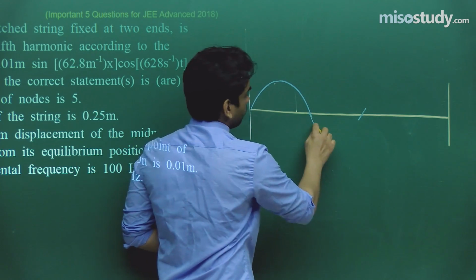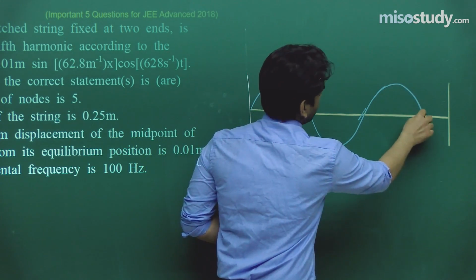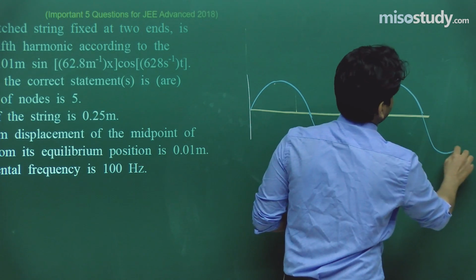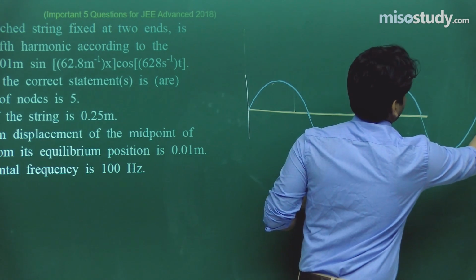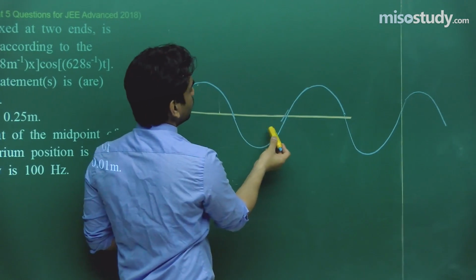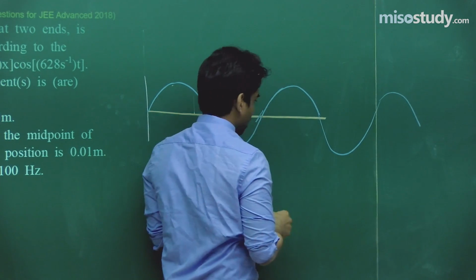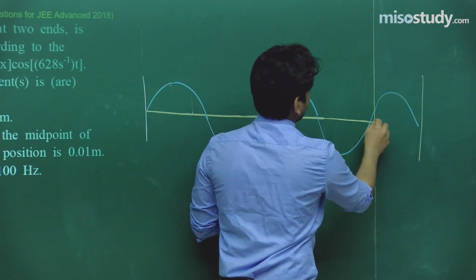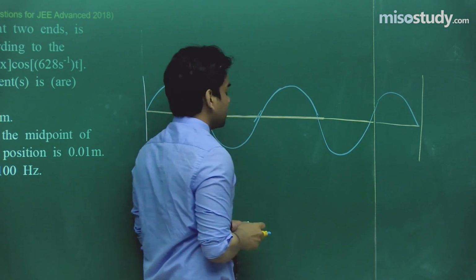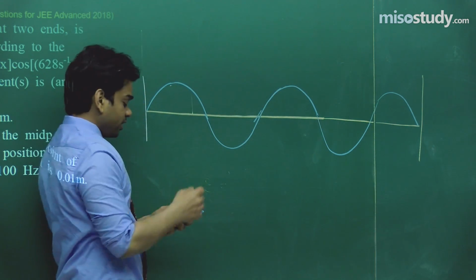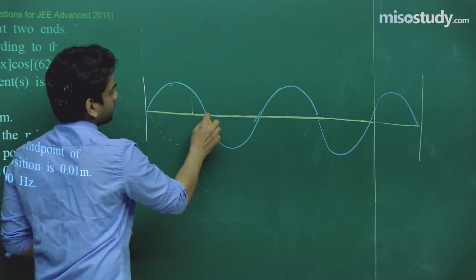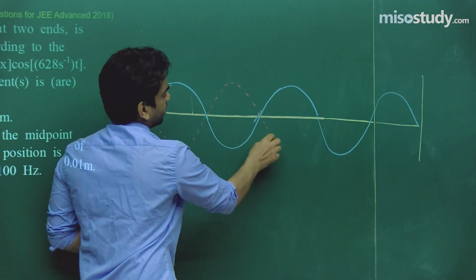You have to draw 5 such curves: 1, 2, 3, 4, 5. Yes, now it's okay. Let me just complete this. So we got this, and it is a standing wave.